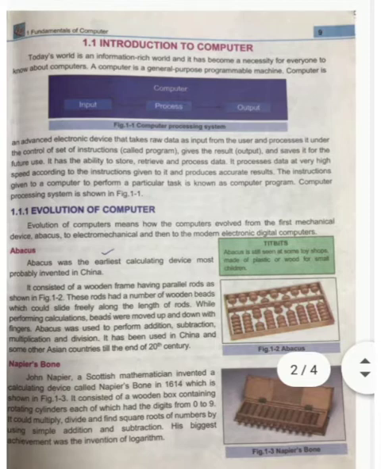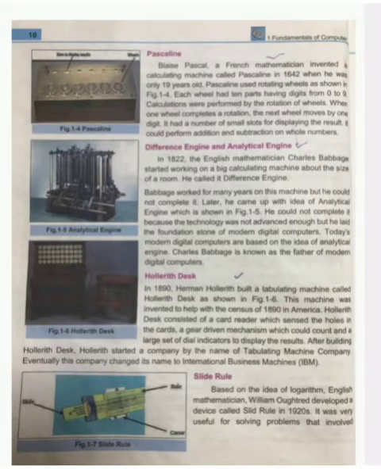One more thing, it finds square roots of numbers by using simplified addition and subtraction. His biggest achievement was the invention of logarithm. So students, the difference from the abacus is that it solves square roots of numbers, and his biggest achievement was the invention of logarithm. Students, now next topic is Pascaline.